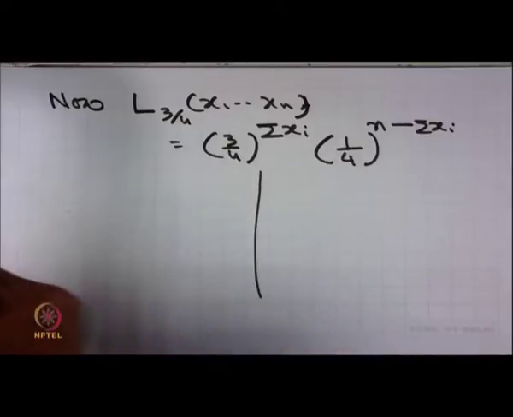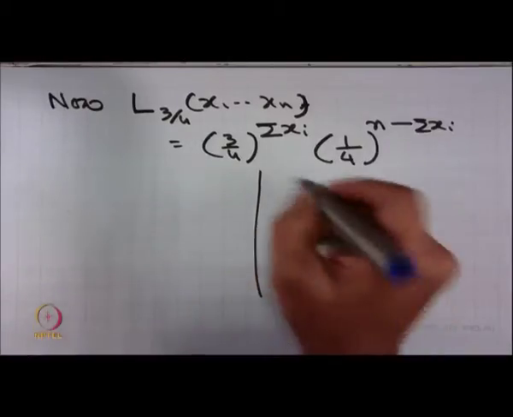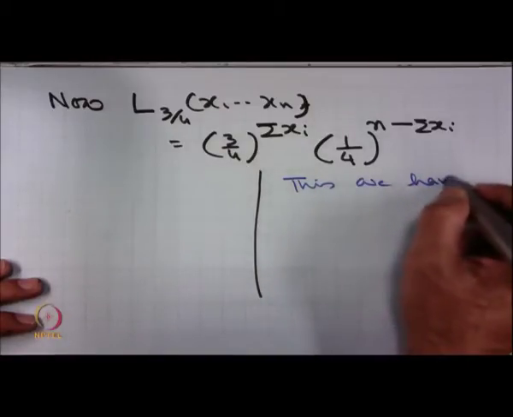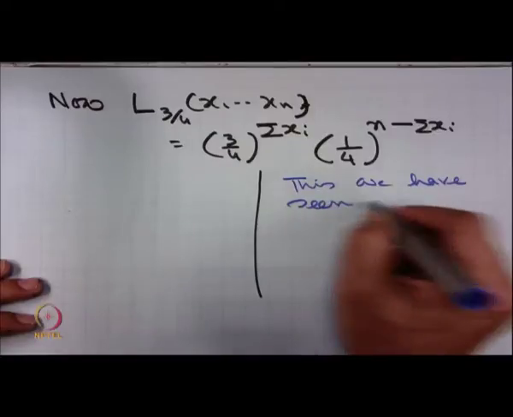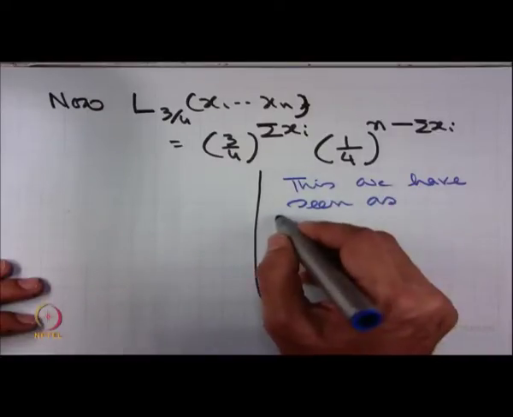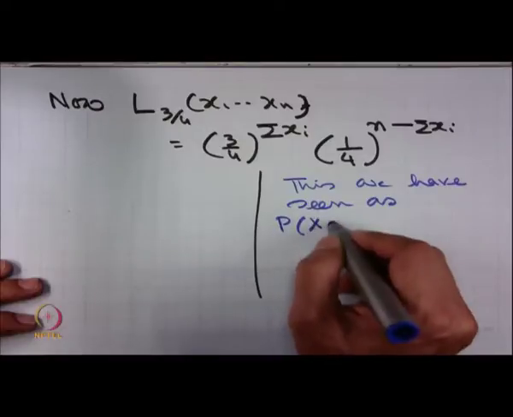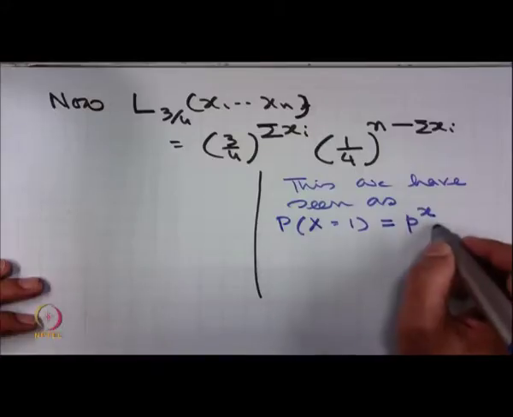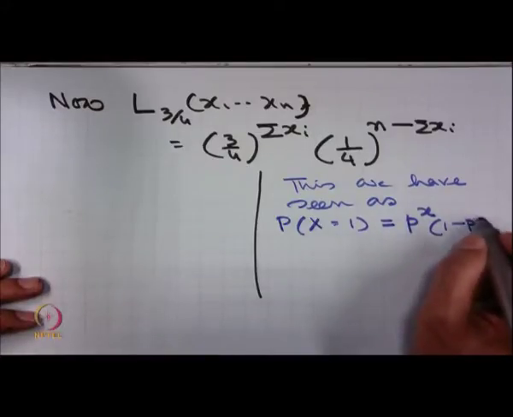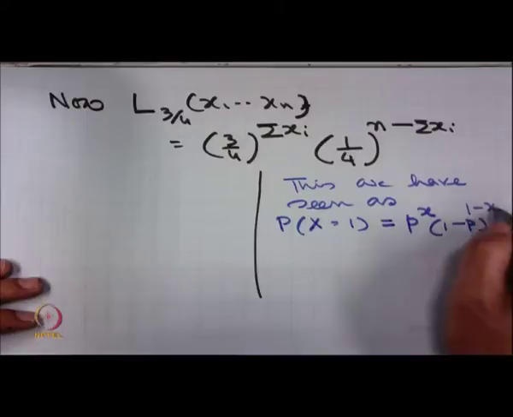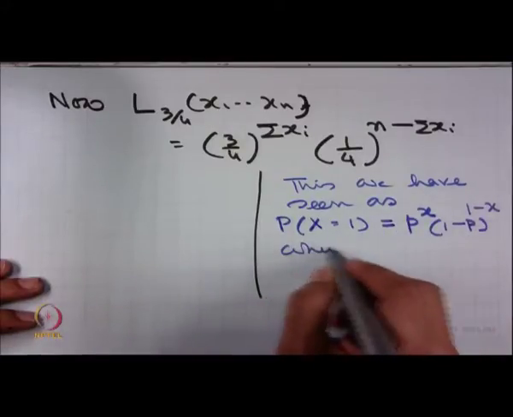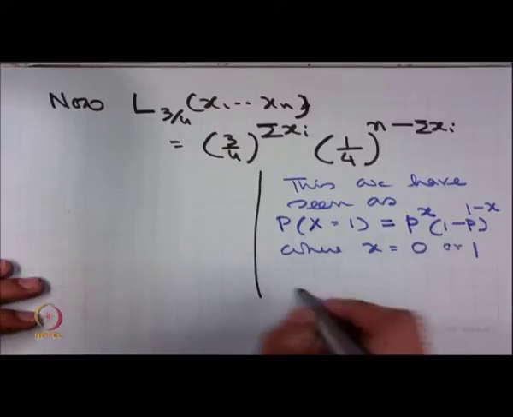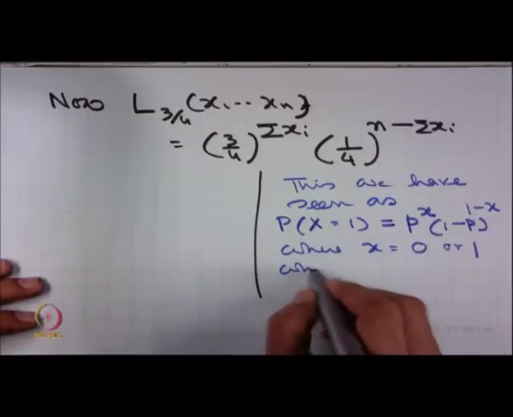This we have seen as probability x is equal to 1 is equal to p to the power x into 1 minus p to the power 1 minus x, where x is equal to 0 or 1, which comes from Bernoulli trial.